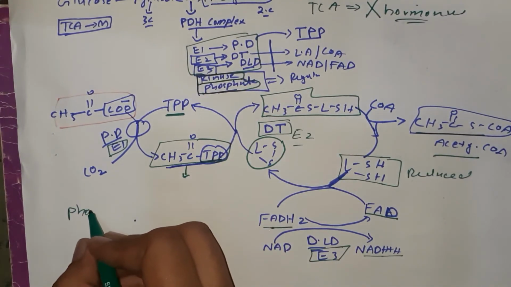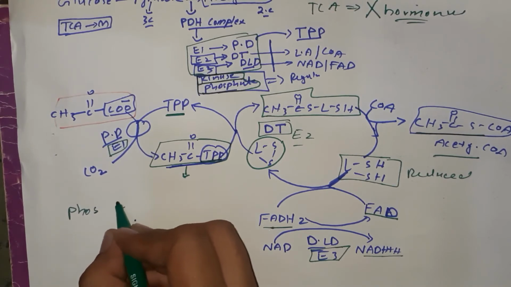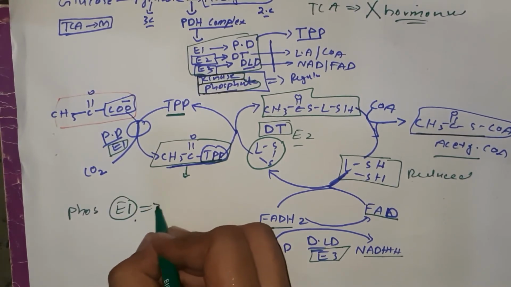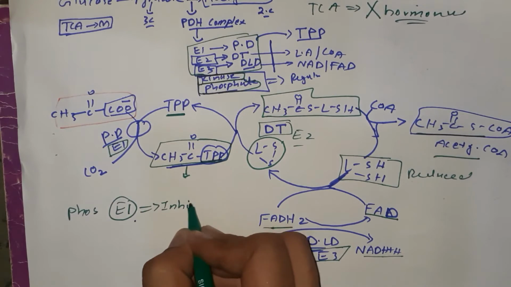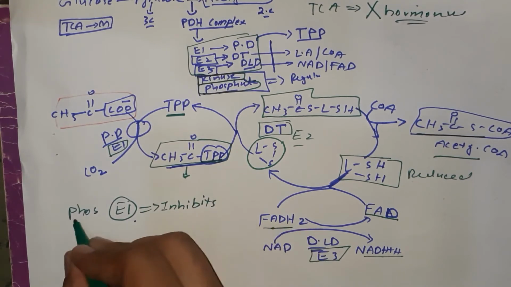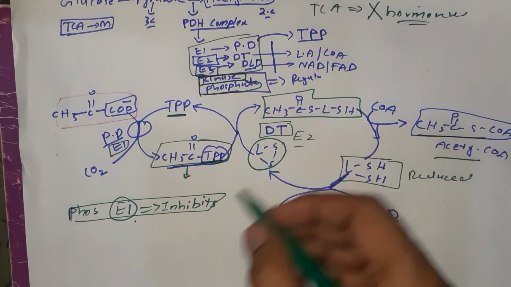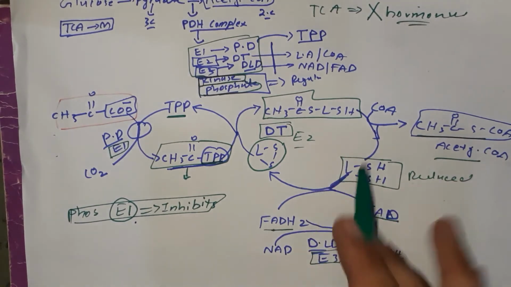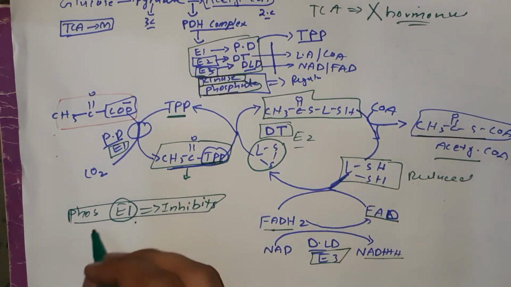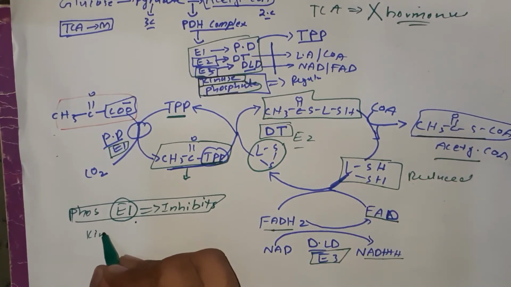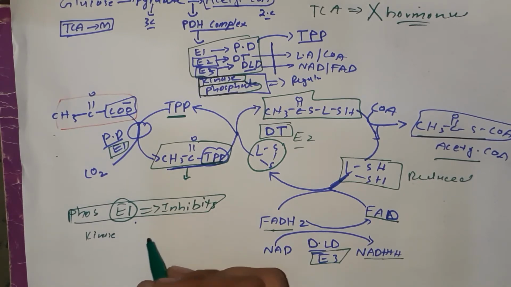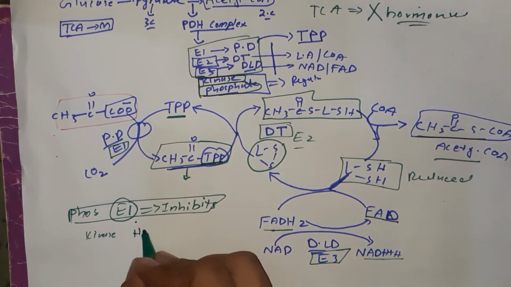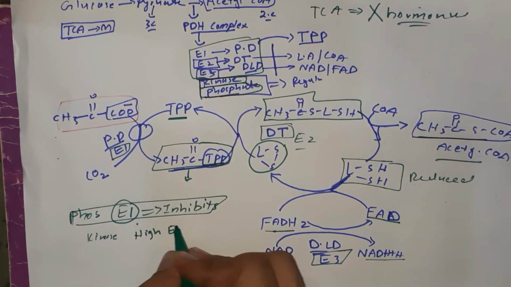When kinase is activated, it phosphorylates the E1 domain and inhibits it. Upon kinase activity, E1 is inhibited and this PDH complex's working is inhibited. This kinase activity is basically stimulated in the presence of a high energy signal. So what is a high energy signal?